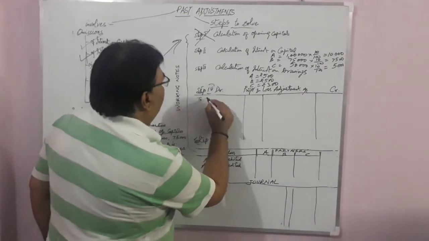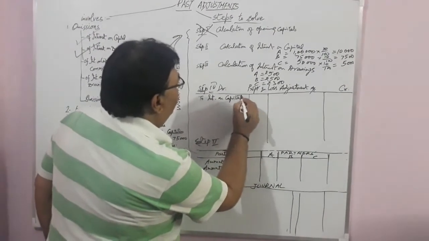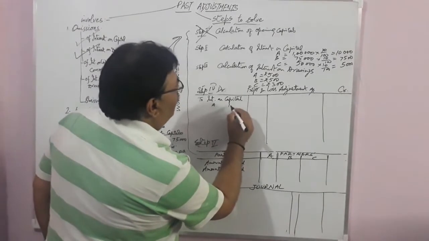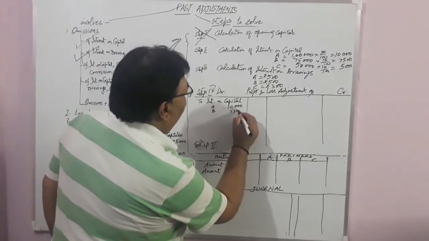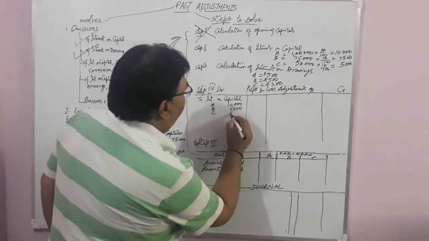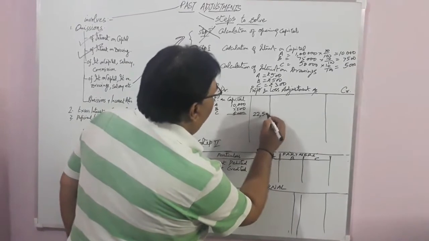I write down interest on capital, which I have already calculated: 10,000 for A, 7,500 for B, and 5,000 for C, which totals 22,500.